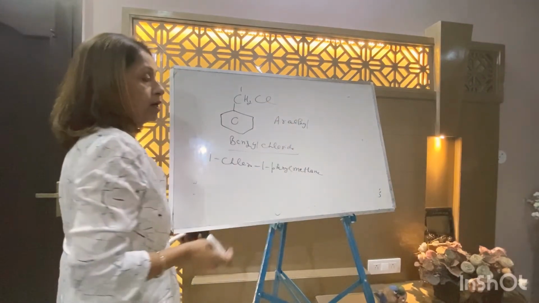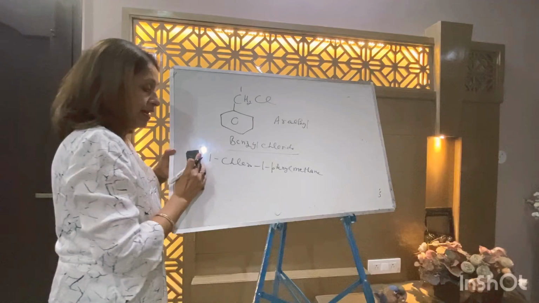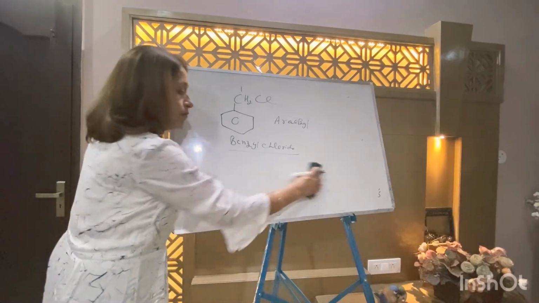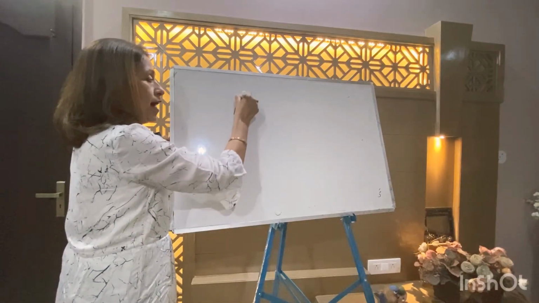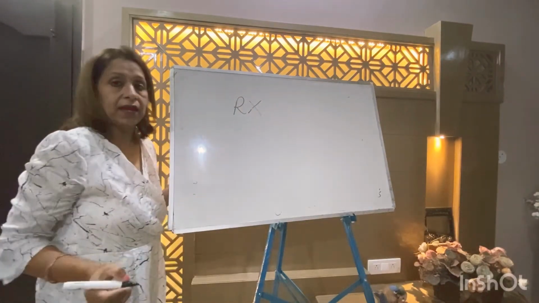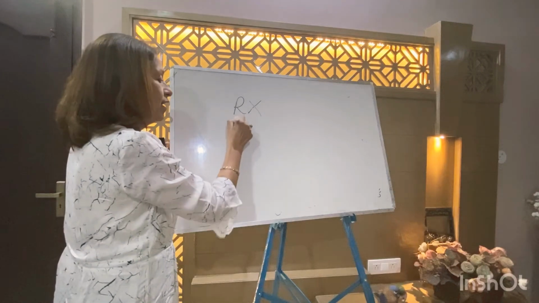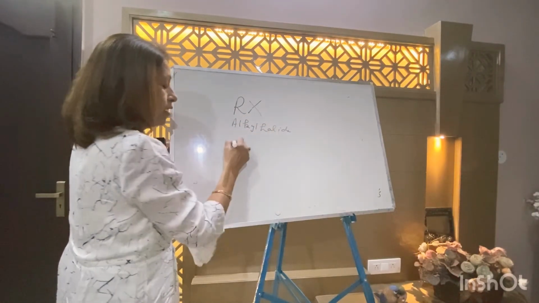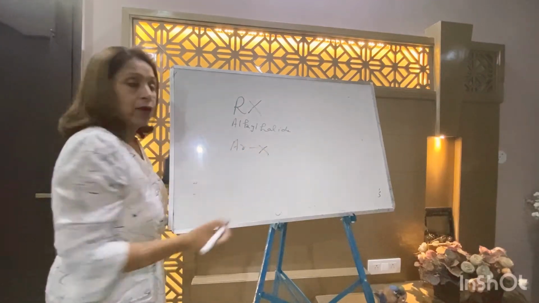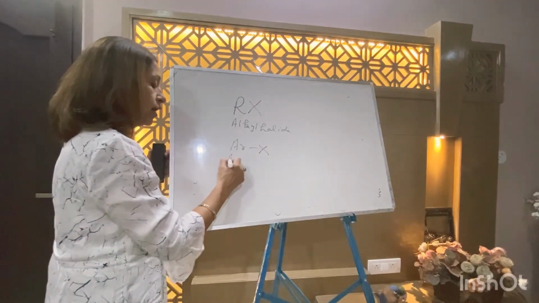R-alkyl compound. And remember, I'm again telling you, I think you might have written methane. There are 3 categories: RX, haloalkane, or you may call it alkyl halide. ArX, haloarene, you may call it aryl halide.